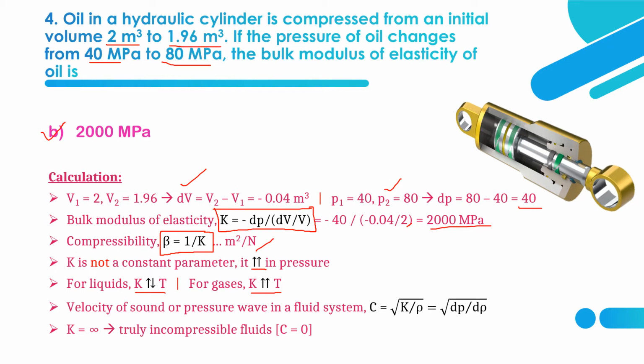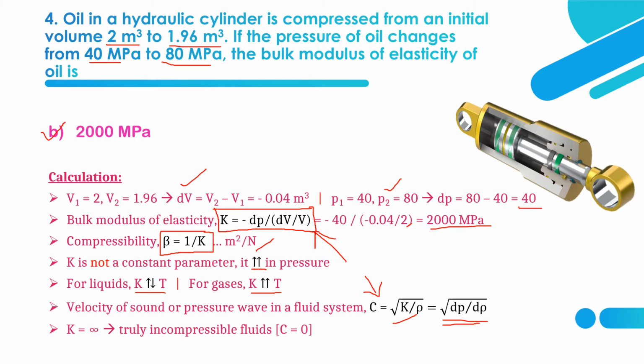The velocity of sound can be found by using the bulk modulus value, and the formula is C is equal to root of K by rho. How is this obtained? By using K equal to minus dP divided by dV by V, and just substituting.